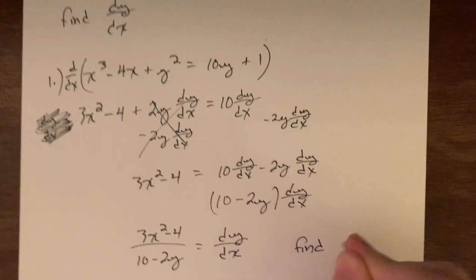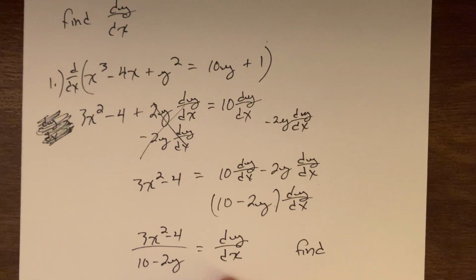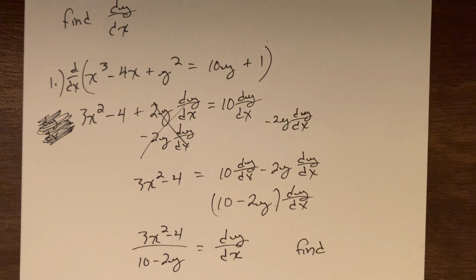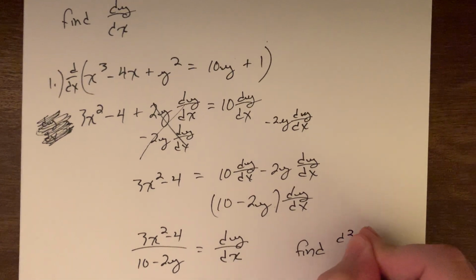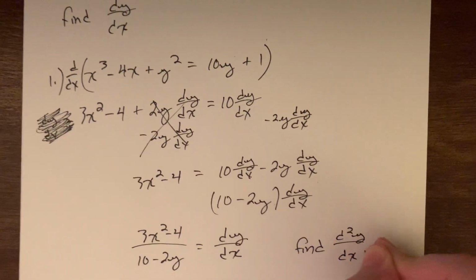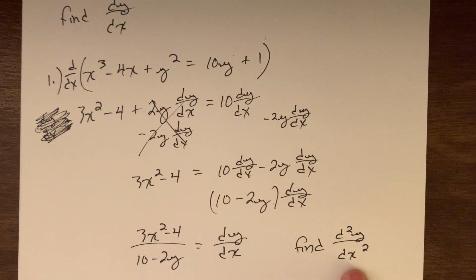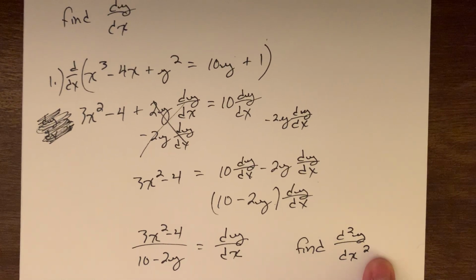Let's find the second derivative. Well, first things first, let's remember the notation for higher level derivatives for functions: f double prime, g double prime for the second derivative, triple prime for the third derivative. But for Leibniz notation, that would be d2y dx2, the second derivative with respect to x.